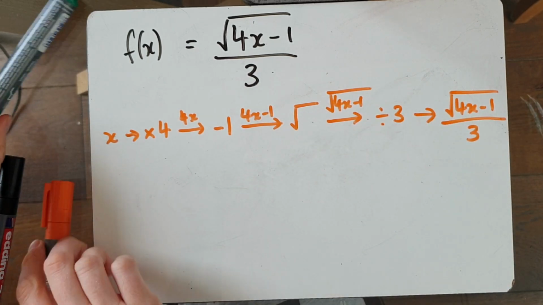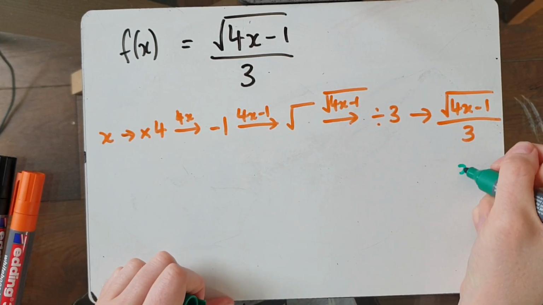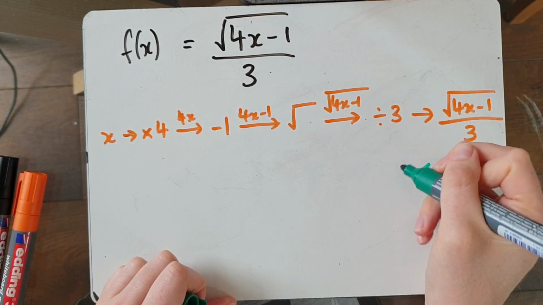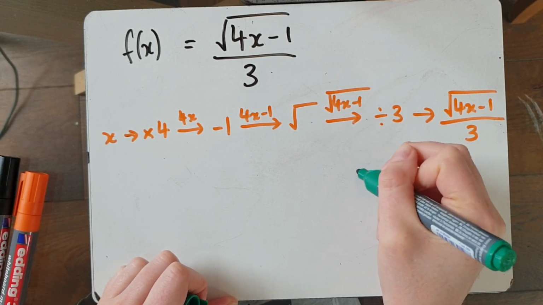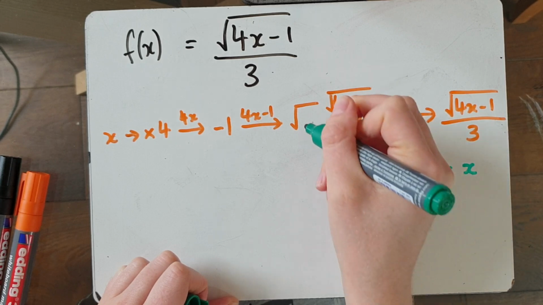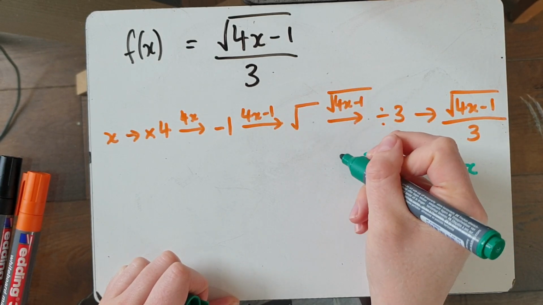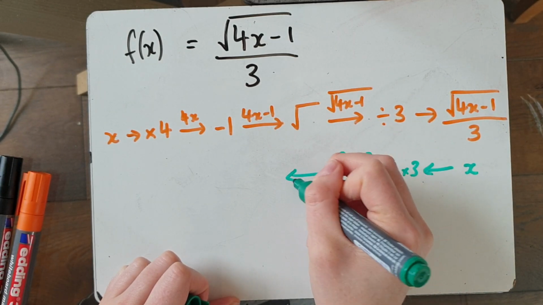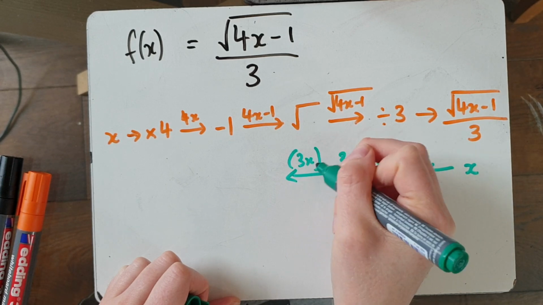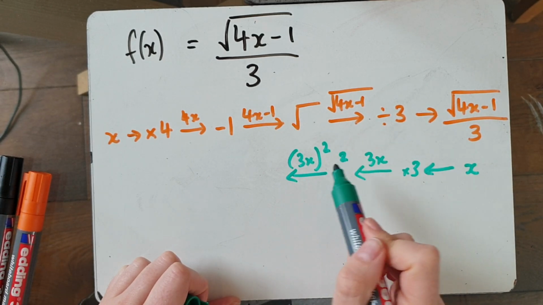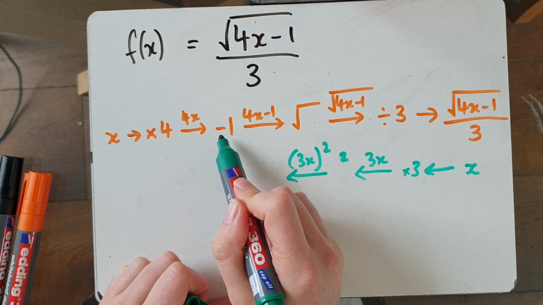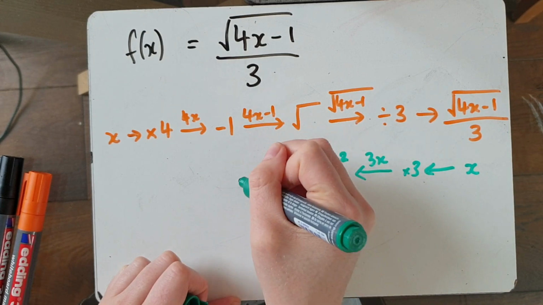So to reverse that, we start with x here. We're going to multiply by 3. We're then going to do the reverse of square rooting, so we're going to square it. We're then going to do the reverse of subtracting 1. We're going to add 1.